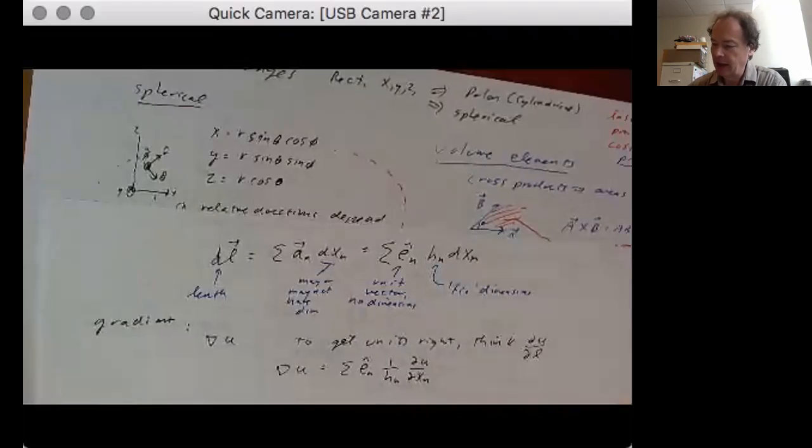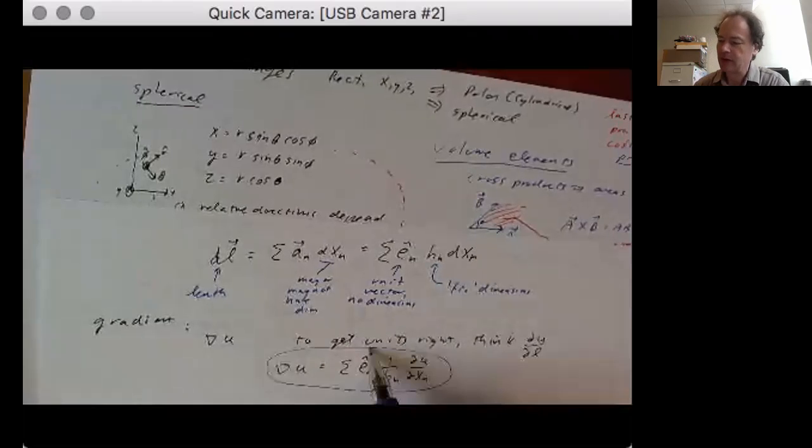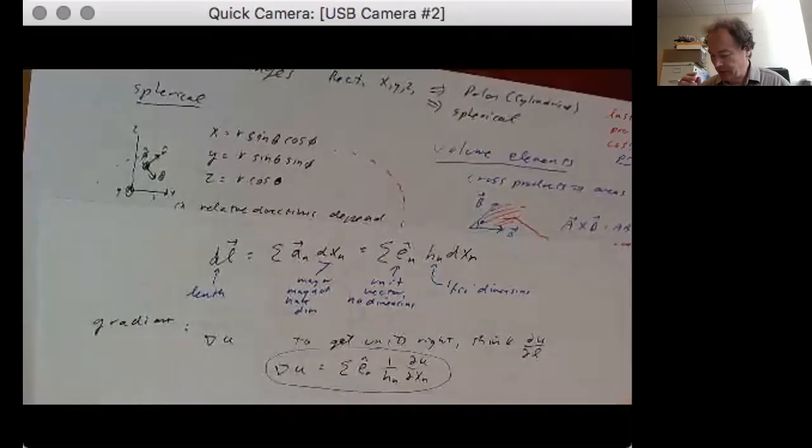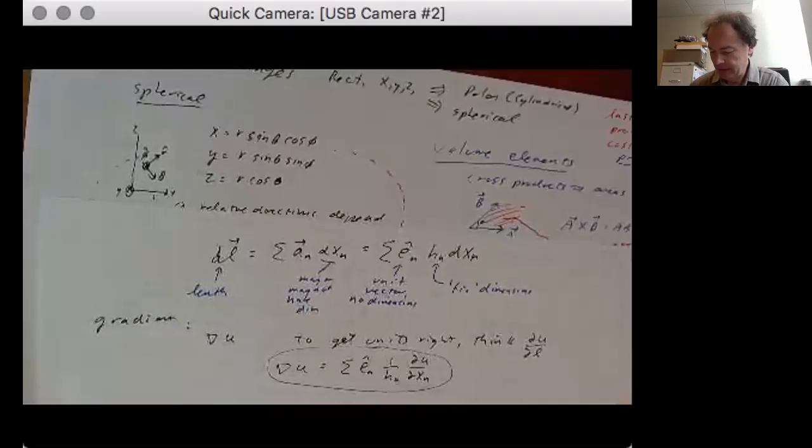So again, once you know your h_n, which you get from those derivatives, once you know the formula that converts one to another, which of course is needed before you can do anything anyway, right? Then that's got to come into play. Okay, the next thing we needed is the gradient.